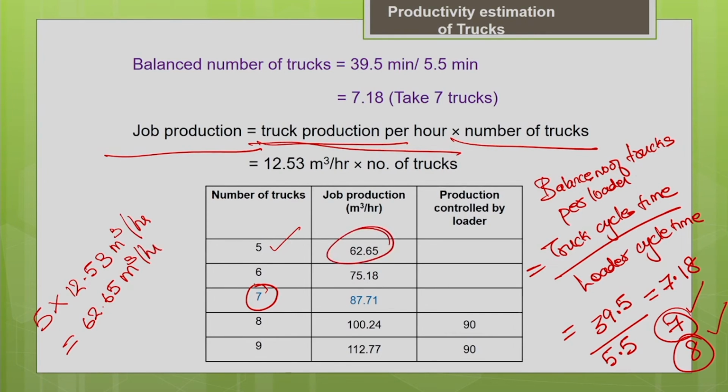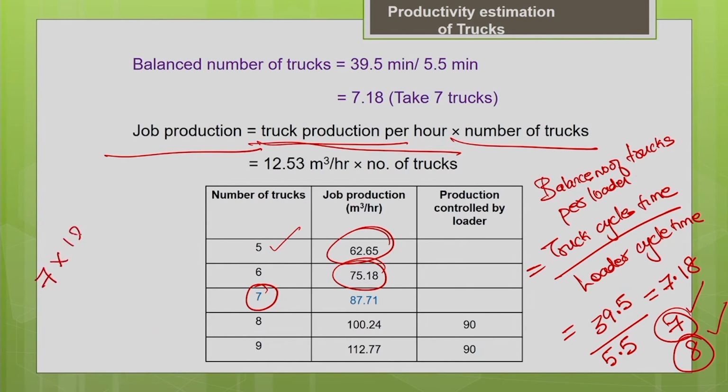Similarly, 6 trucks into 12.53 meter cube per hour will give me 75.18. When the number of trucks equals 7, 7 into 12.53 gives me the productivity as 87.71 meter cube per hour.